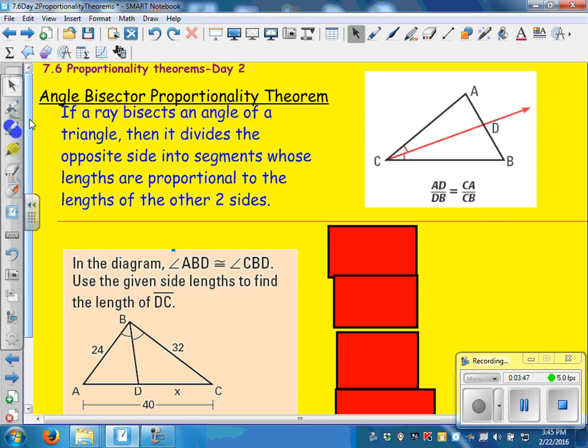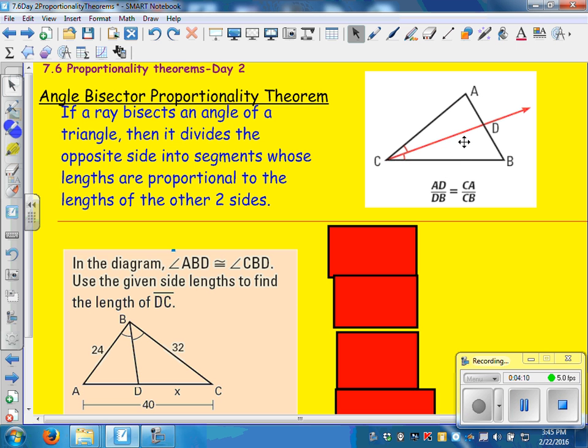The notes for today, the proportionality theorems. Yesterday we had talked about the parallel lines proportionality theorem. Today we're going to talk about the angle bisector proportionality theorem. If a ray bisects an angle of a triangle, then it divides the opposite side into segments whose lengths are proportional to the lengths of the other 2 sides.